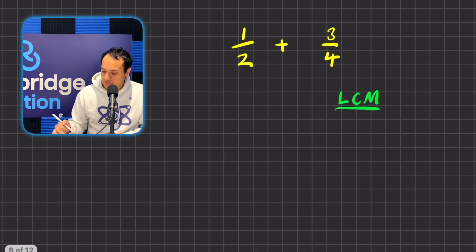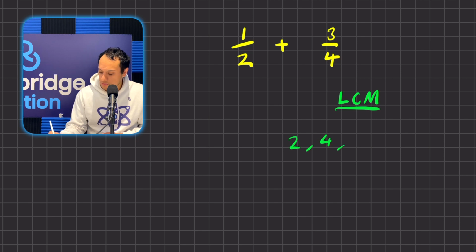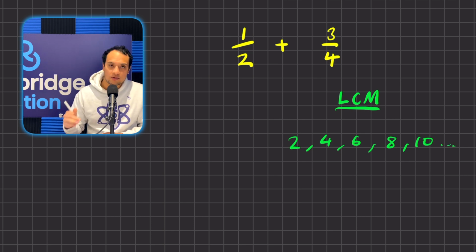We need to find the lowest common multiple of 2 and 4 in this example. There are other ways of doing this, but we're going to start by writing out our multiples of 2. So we've got 2, 4, 6, 8, 10, and as we know, multiples go on forever.